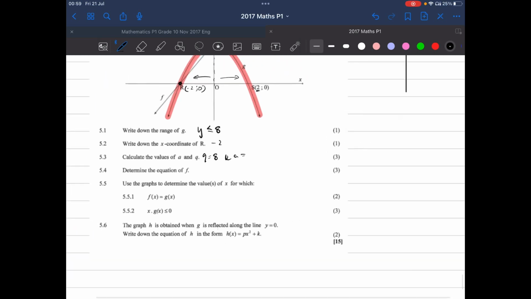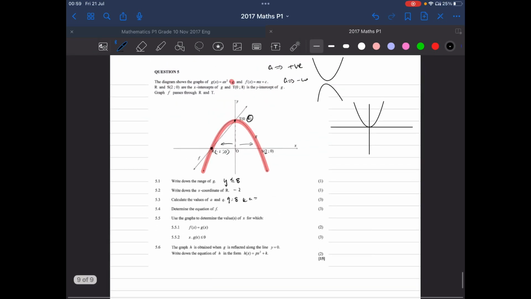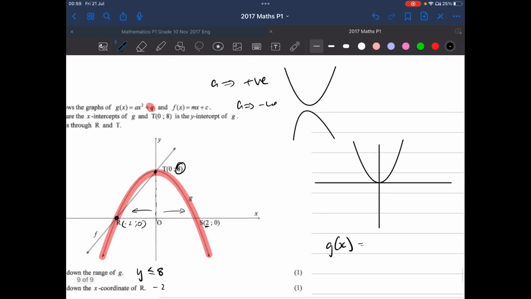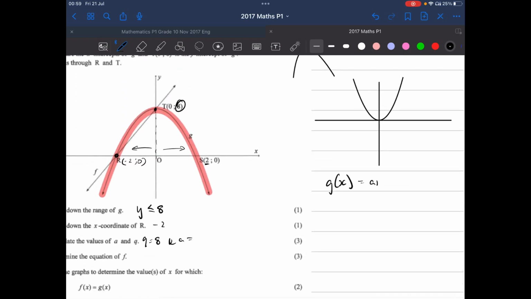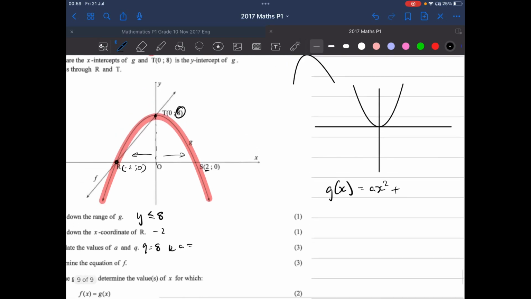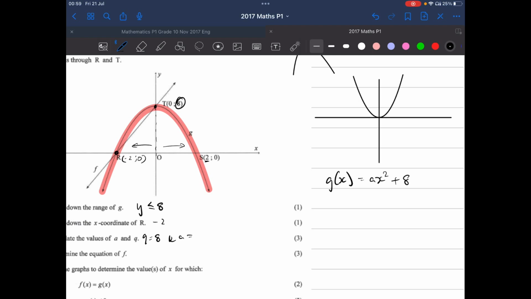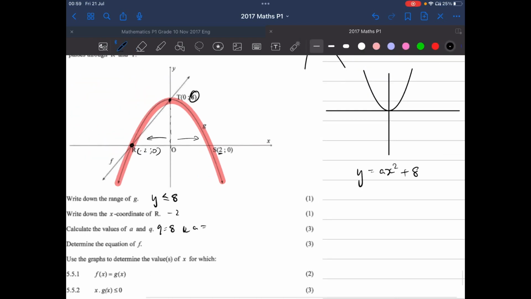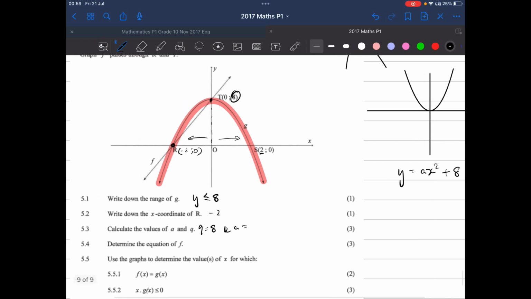Let's start with the equation that we're given: g of x is equal to ax squared plus q, and we said that q is 8, so let's put that in already. Remember g of x is the same as saying y, because that's the y value. So y is equal to ax squared plus 8.